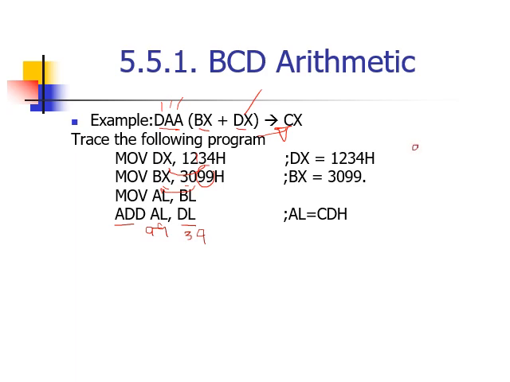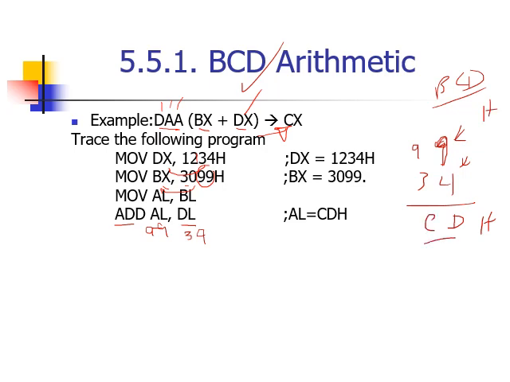So we are to add 99 to 34 in binary coded decimal format. After adding these two numbers, 9 plus 3 is D hexadecimally. These are BCDs, but your processor will treat them as hexadecimal digits. And this is C.